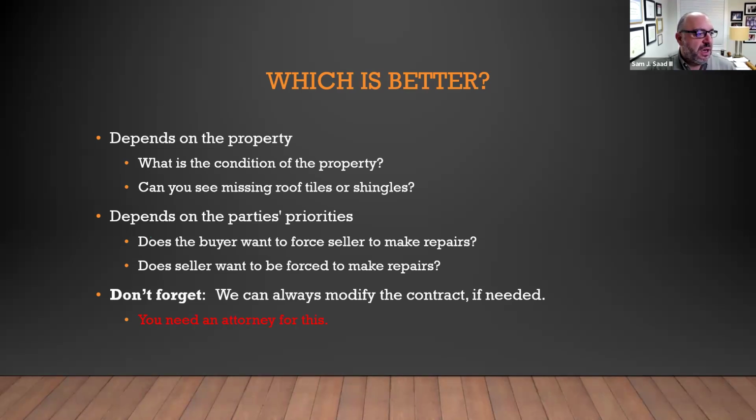Sam is asking, missing and torn screens, is there a conflict with FHA, VA requiring screens to be okay?